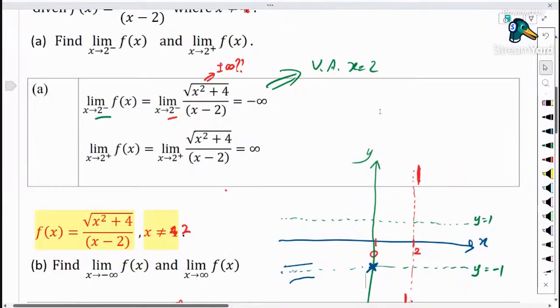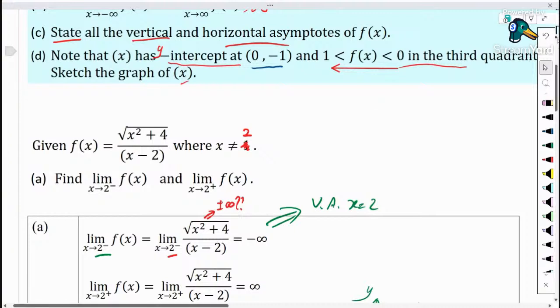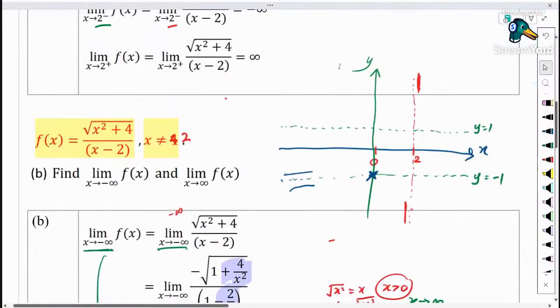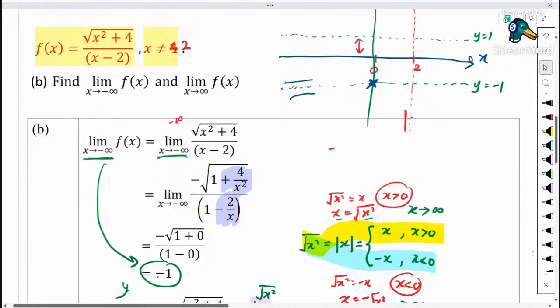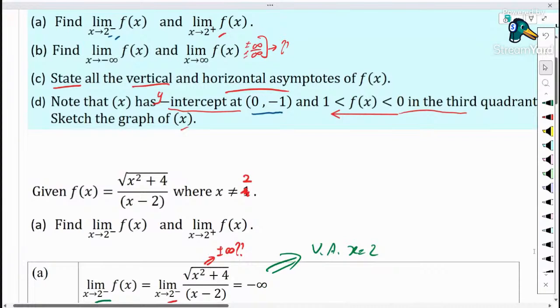Then later what you were told is that in the third quadrant, we have the f(x) value, which is the y value, between 0 and 1. Where is 0 and also 1? 0 and also 1, that means I will have somewhere here. But I think there is a typing error, because 1 is greater than 0.